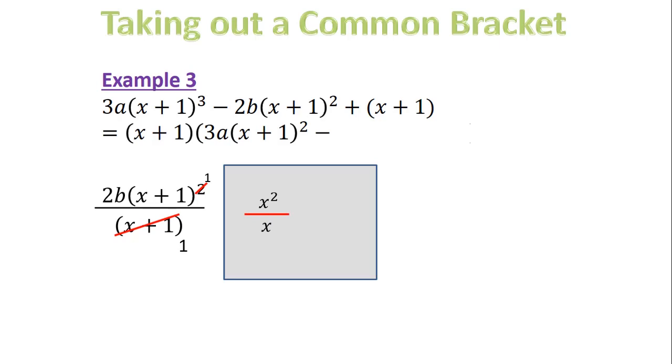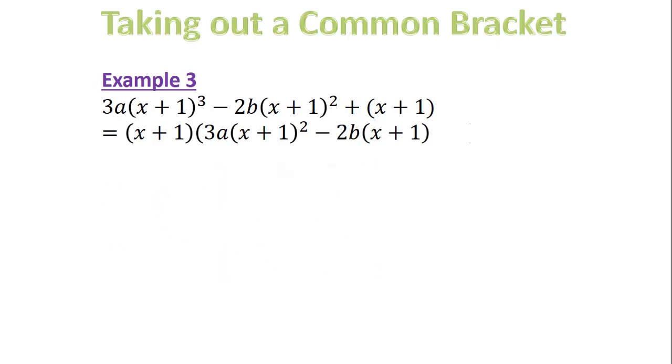If I have x squared over x, when I cancel, x goes into x once, and x goes into x squared x times. Have a look and see, instead of my x, I use x + 1 in the whole bracket. That means I can now write down my second term in the bracket, and that is 2b(x + 1).